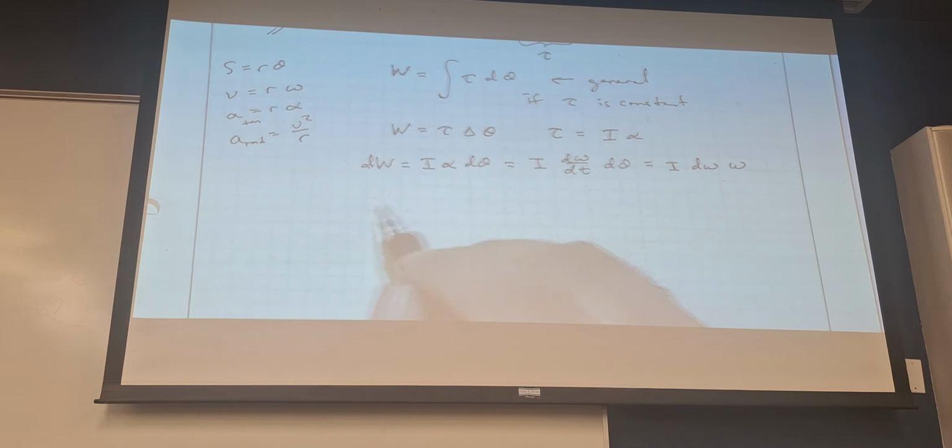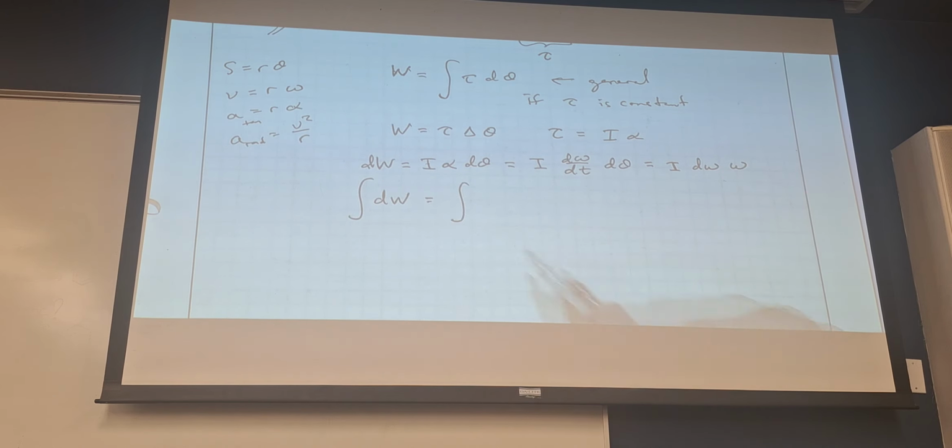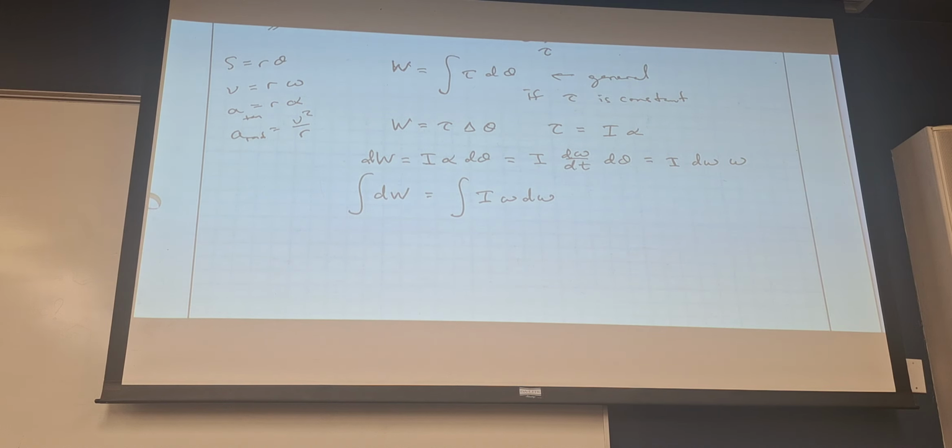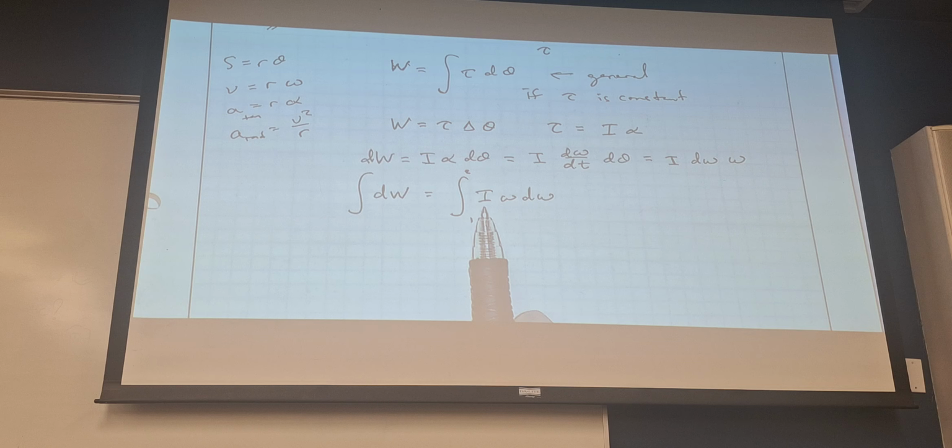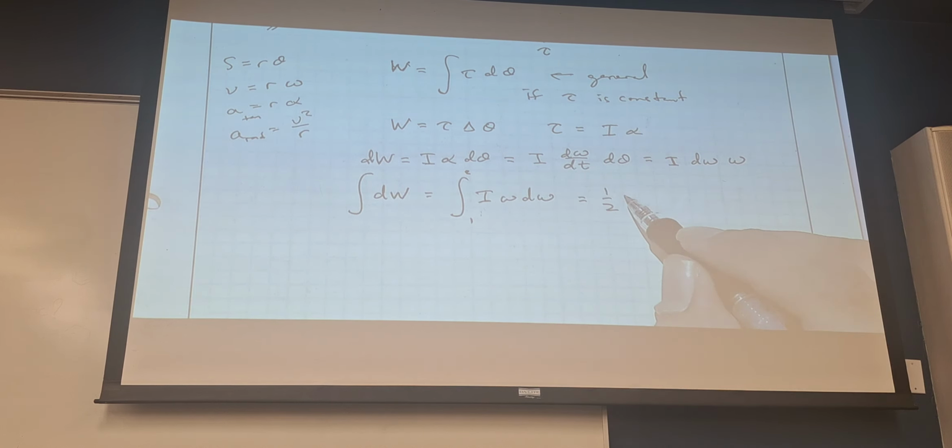And if we take the integral, assuming in this time frame from initial to final frequencies, if I is constant, then it just becomes 1/2 I omega_2 squared minus 1/2 I omega_1 squared.